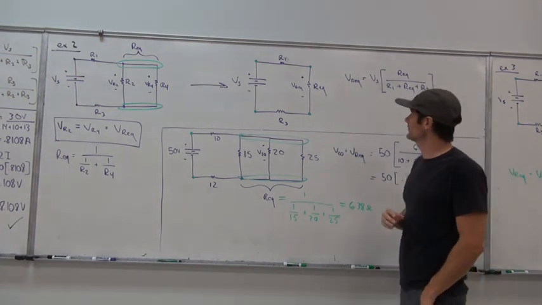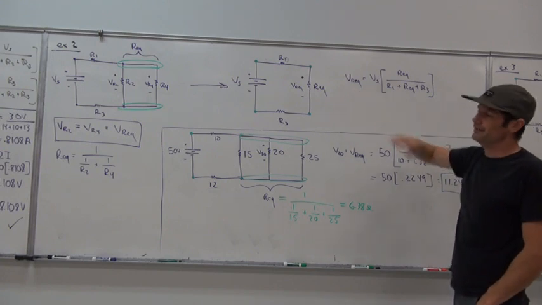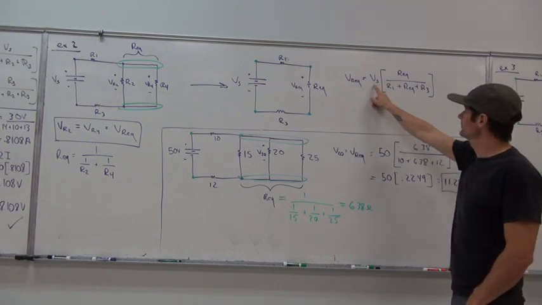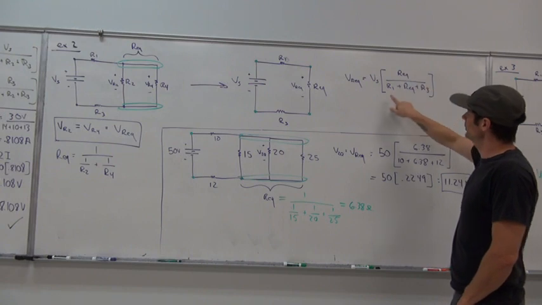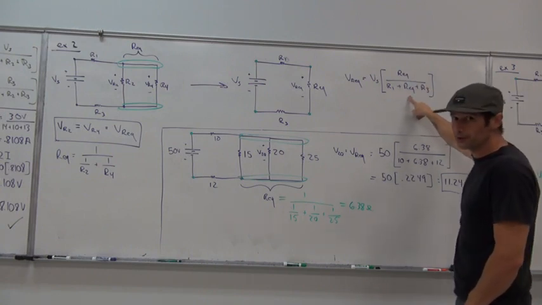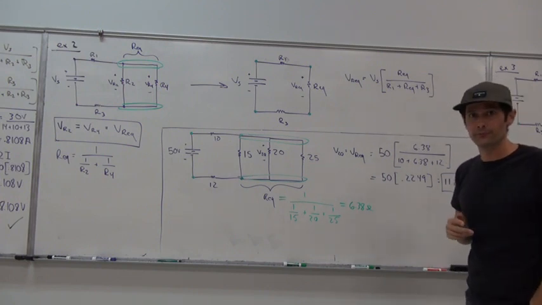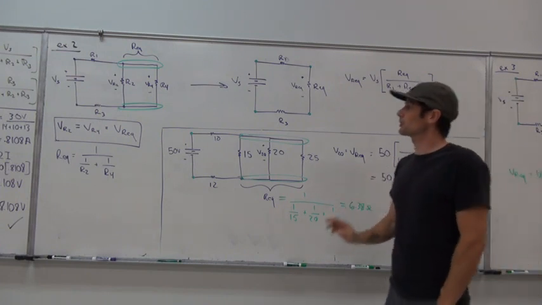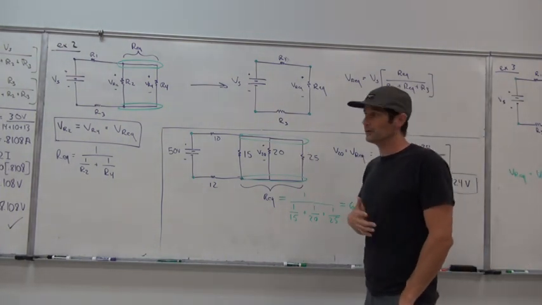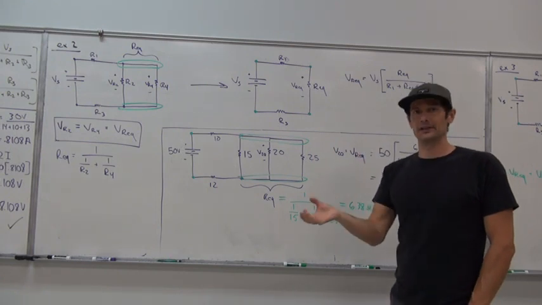And once we have that single series loop, we can apply the fact that VREQ by voltage division would be equal to Vs times REQ over the summation of R1 plus REQ, the equivalent resistance, plus R3. So the voltage across R4 or even R2 is really dependent upon their parallel equivalence.